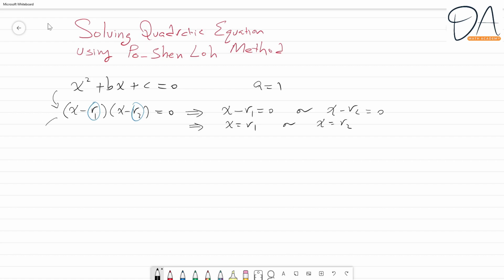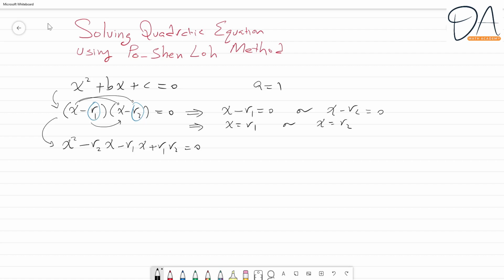Now let's do one thing here. Let's take this one and expand it. So what we'll have here is x times x, that gives you x squared, and then x times minus r2, so this will give us minus r2 x. And then we'll take minus r1 times x, so again we'll get minus r1 x, and then we'll have minus r1 times minus r2, that will give us r1 times r2, equal to 0.